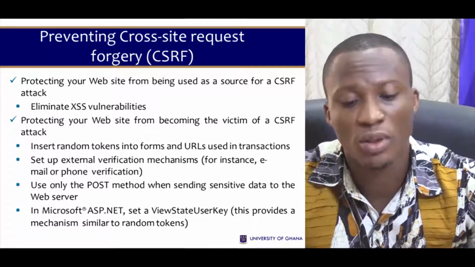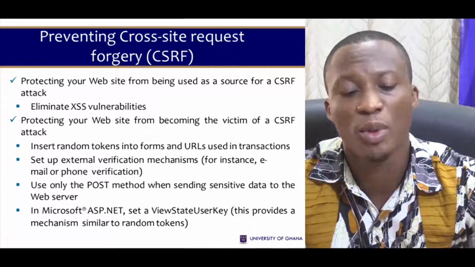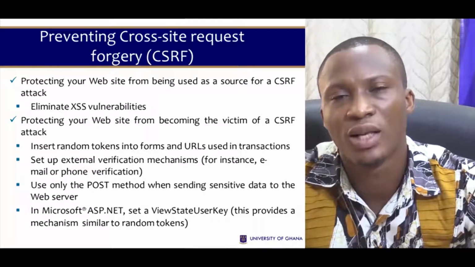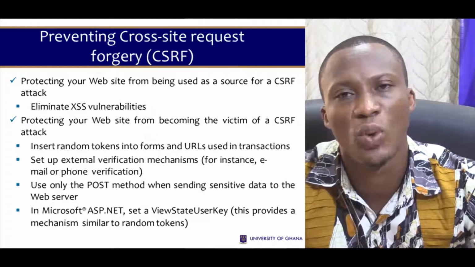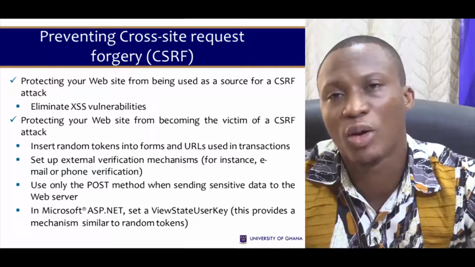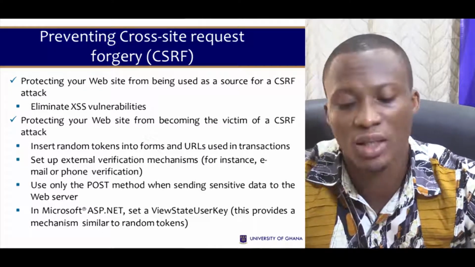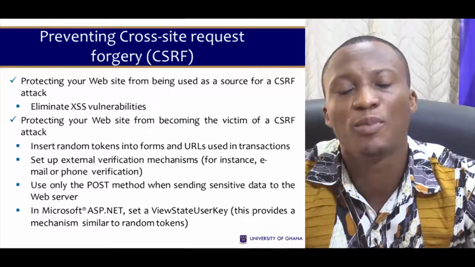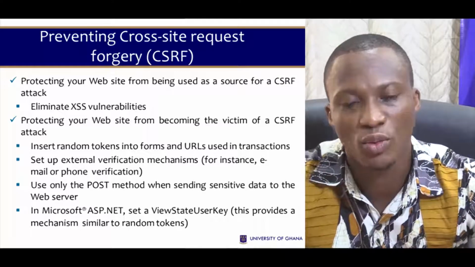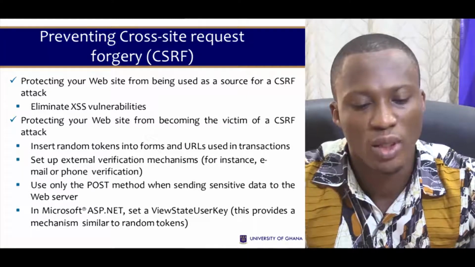Use only HTTP POST methods, like we said earlier on, when sending sensitive data to the web server. Now, in Microsoft ASP.NET, set a view state user key, and this provides a mechanism similar to random tokens.